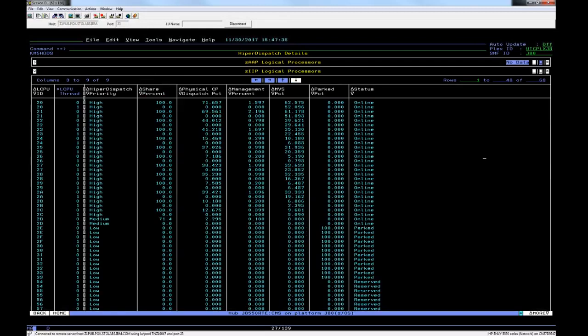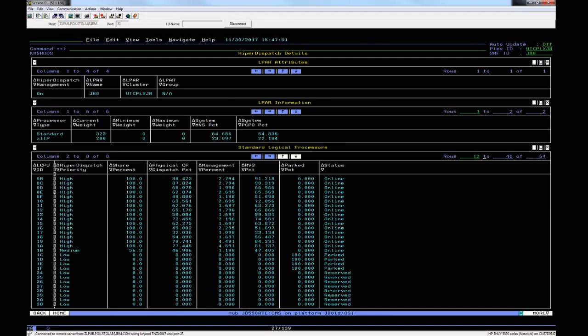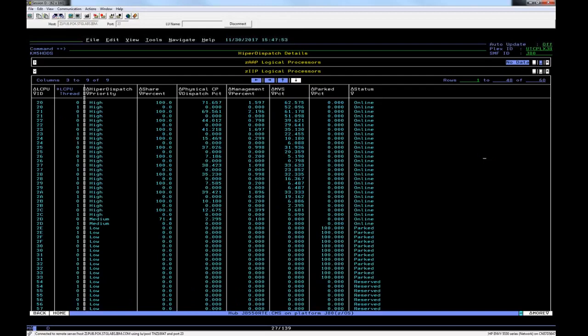If we page down a little, we'll now see the processes here. And unfortunately, and I noticed this earlier, with this delineation, we're now looking at zip logical processes. If I page back, we're looking at standard logical processes. There are no ZAP logical processes, so they would show up.